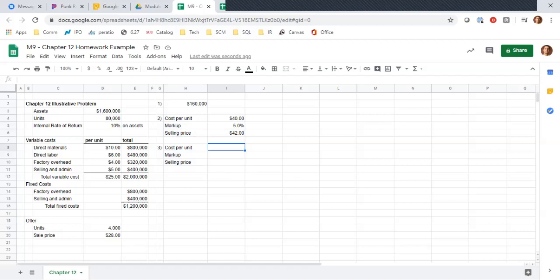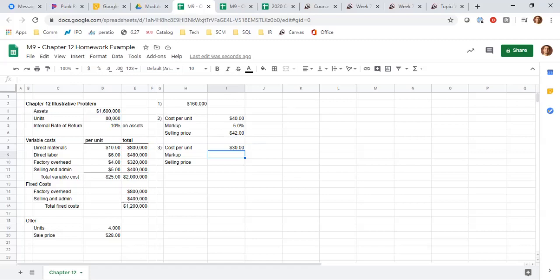Okay, so our total costs in manufacturing are going to be direct materials, direct labor, factory overhead. Those are all related to the product. Selling and admin is not. We need to add our fixed costs that are related to the product as well. So that is our factory overhead. We are going to, once again, divide that by our total units that we're producing. Okay, so our cost per unit under the product concept is $30.